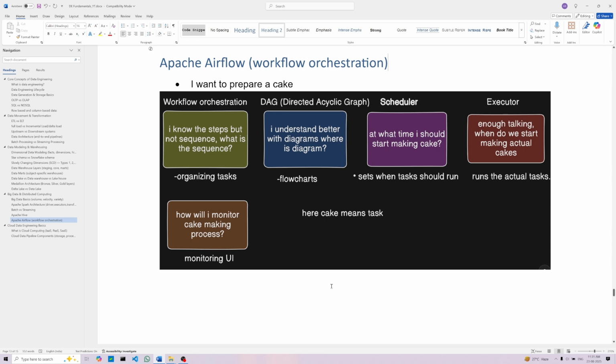How can I actually monitor it? The answer is Apache Airflow. It can help you monitor the tasks. So these are the 5 questions which you can remember. And here I am not actually talking about the cake, I am talking about the task.